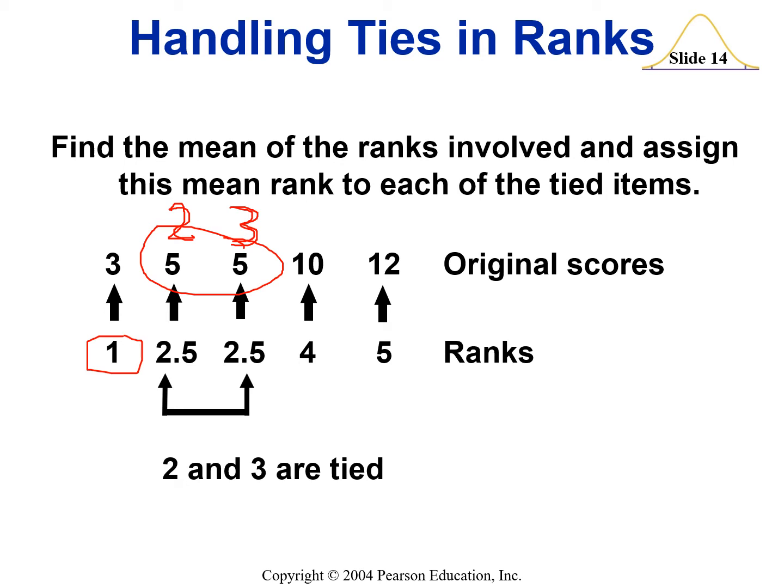So the mean is 2.5, and 2.5 is assigned to each. Then the next one is assigned rank 4, and the last one is assigned rank 5. This is what is meant by handling ties in ranking.